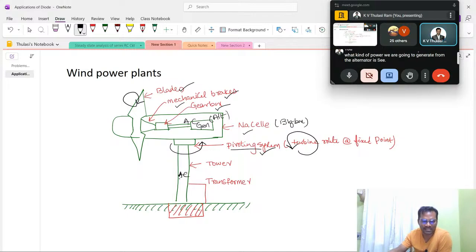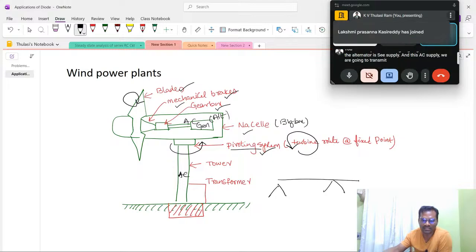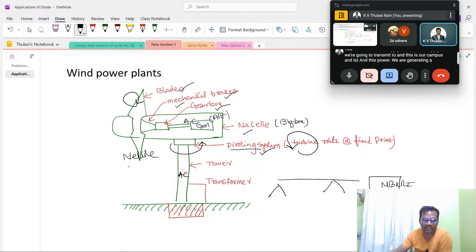This AC supply we transmit. Consider this is our campus NBKR IST, and this power we are generating at Nellore. At the Nellore station we generate the wind power, and the AC power goes through a step up transformer, and we send the power through the transmission line via Manubolu station.